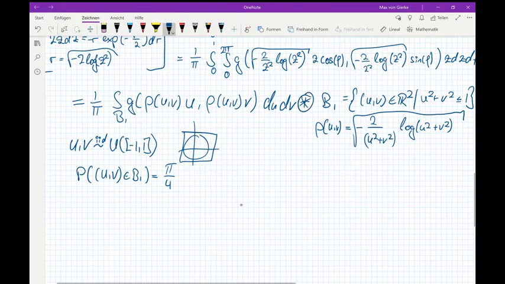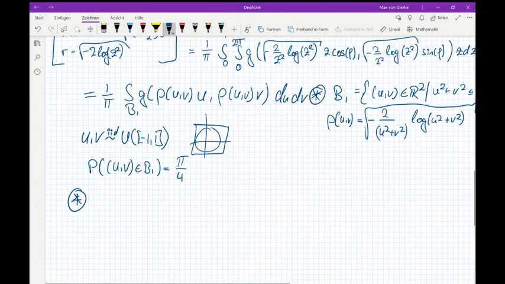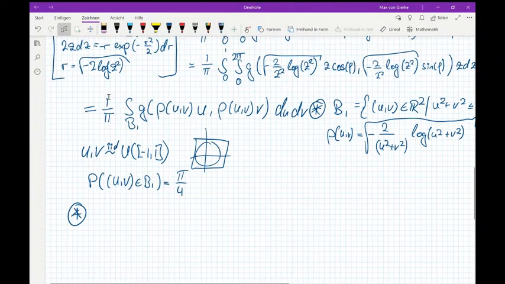Let's get back here. So we have this 1 over pi here, and we have this pi over 4 here, and we want to sneak this probability into this formula.